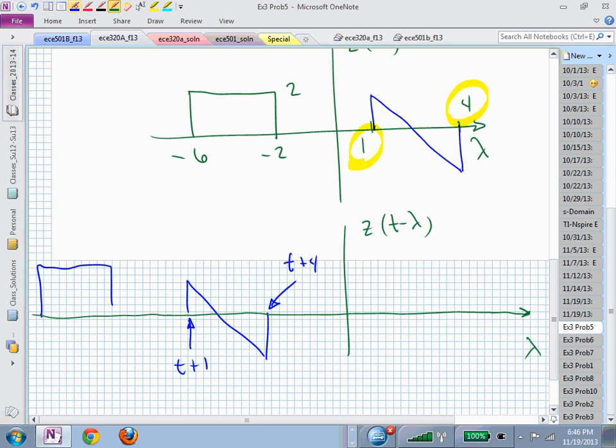What's this endpoint right here? That's t minus 2, isn't it? And what's this one? T minus 6. What's this functional form right here? That better be 2. And what's this functional form?